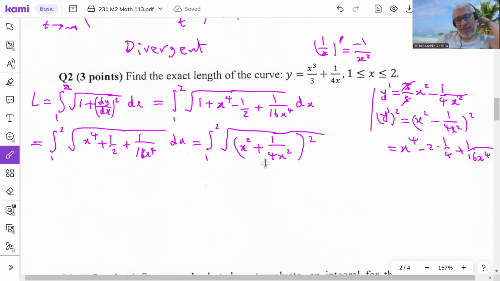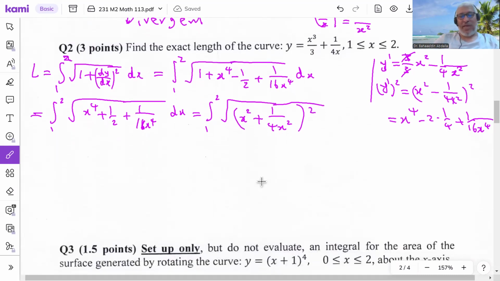So if you expand this, you will find these three terms as we did here. Now, the square root cancels with the square, and I'll have integral from 1 to 2 of x squared plus 1 over 4x squared.